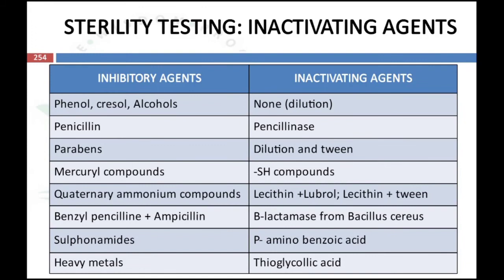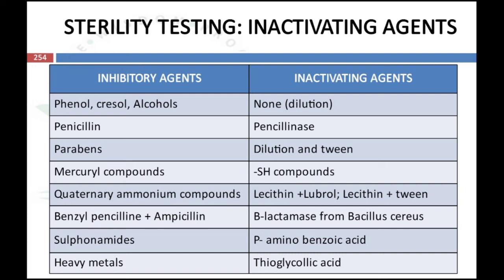Sometimes the test solution may contain some preservative which will inhibit the growth of microorganisms if there is any contamination. So at that time, in order to inactivate the inhibitory agents, we may add some inactivating agents.